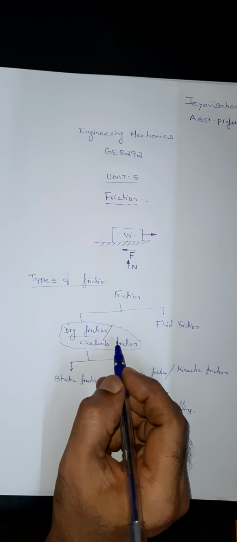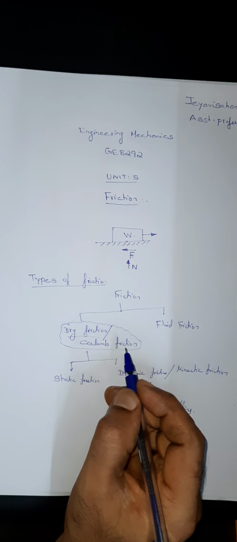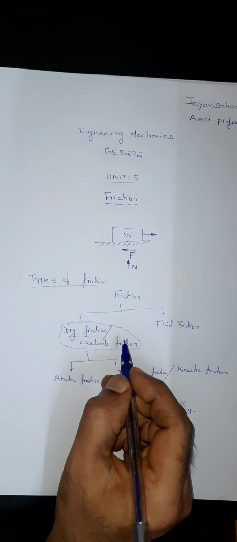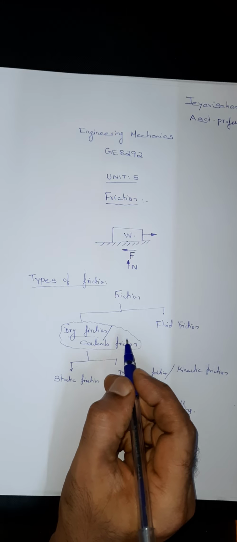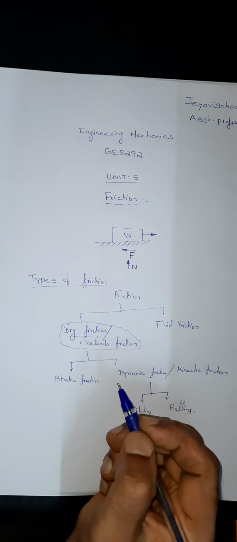For an example, in the vehicle, I mean automobile, the friction between brake shoe and drum. Then the second example is between the wheel and road. The friction between wheel and road is an example of dry friction.